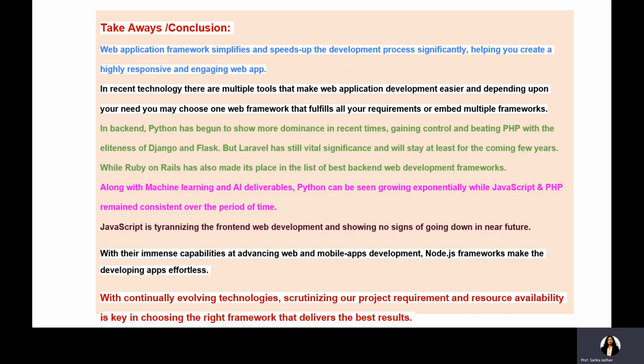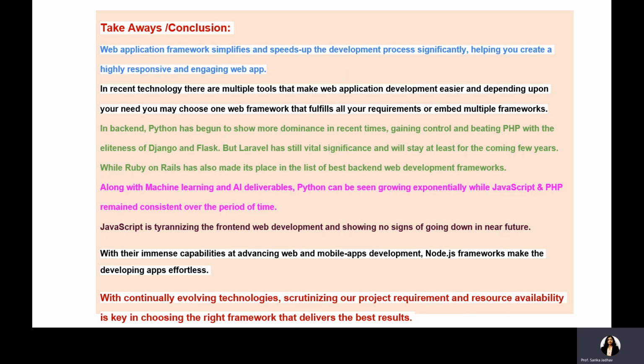In earlier days, PHP was used to design web applications, but now using Python and its various web frameworks, it's gaining control and beating PHP with the enlightenments of Django and Flask, because Django and Flask are the two web frameworks designed in Python. There we need to write the code in Python while designing applications using the Django and Flask web frameworks.